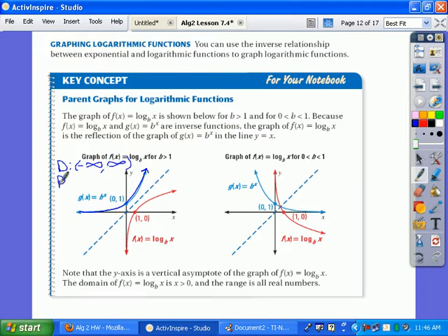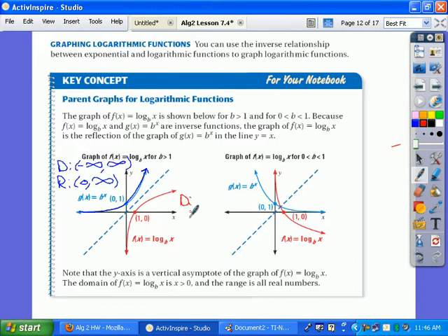We now want to talk about the domain and range of its inverse, the logarithm function. Let's change colors to represent that. Look at this graph. The red graph does not come over into this area.